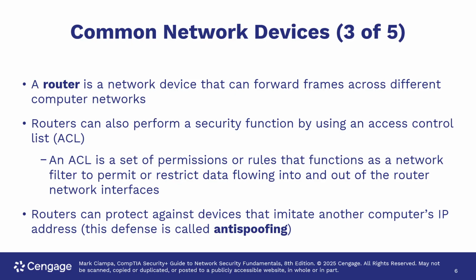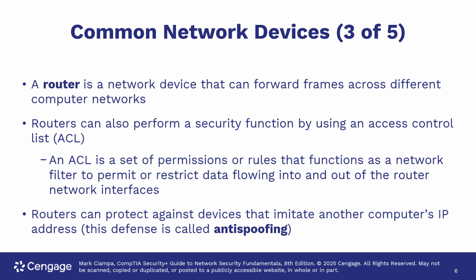A router is a level 3 device because it has the routing capabilities. Okay, it can forward frames across different computer networks. So right now, up to this point, the switch only sent things across the local area network within that block of IP addresses.